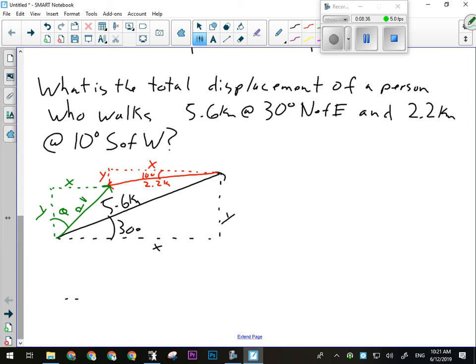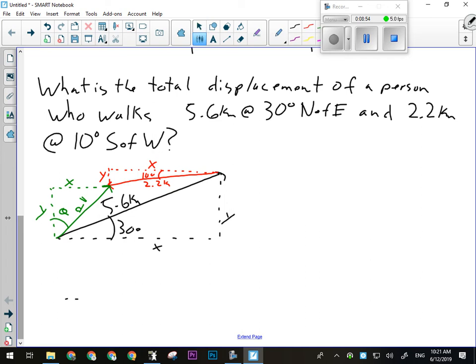Everybody all right with the diagram? Scale and direction are somewhat important here. I picked numbers that we probably weren't going to mess up too badly. But now we need to calculate all of our x's and all of our y's.